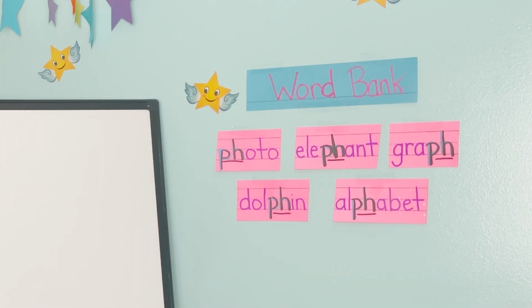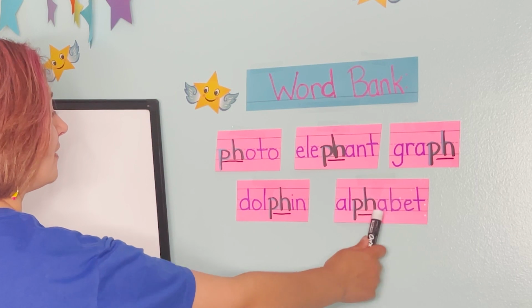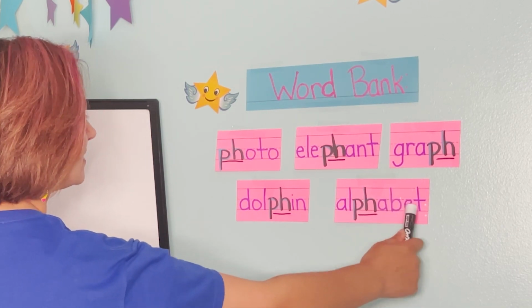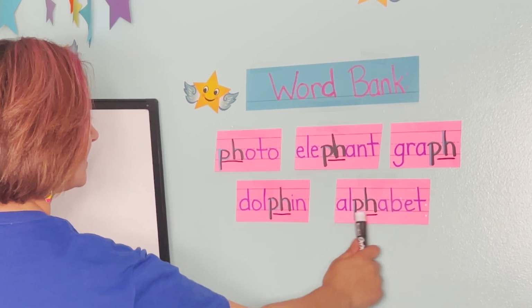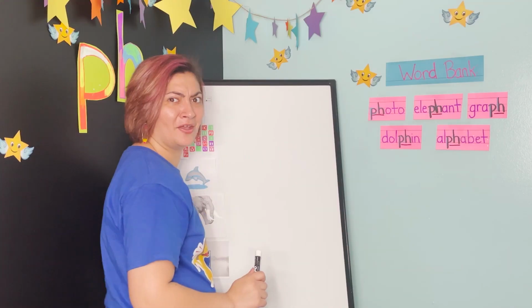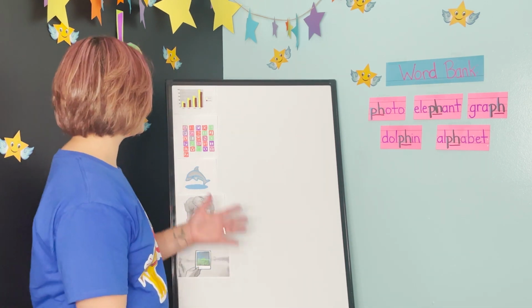Dolphin. You're doing amazing. These are big words. What about alphabet? All right, scholars, let's take a look here.